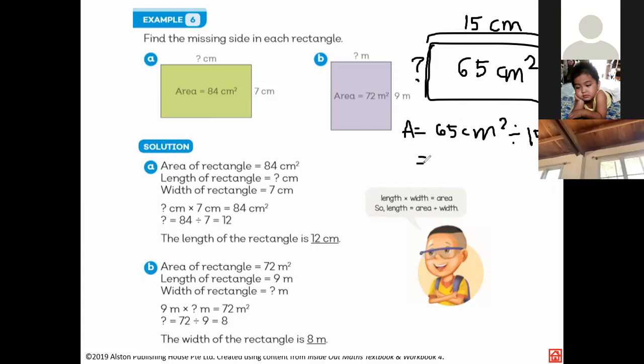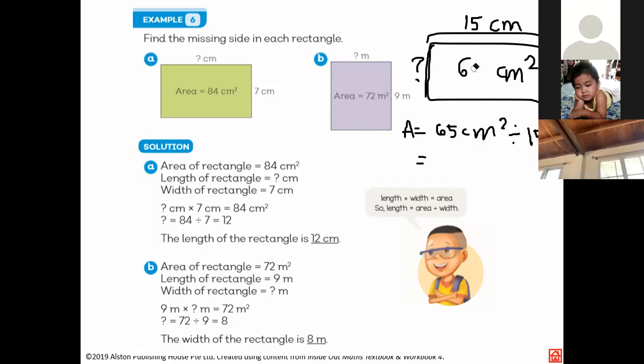So you just have to divide 65 by 15. Oh, I'm sorry, class, let's change 65 to 60.